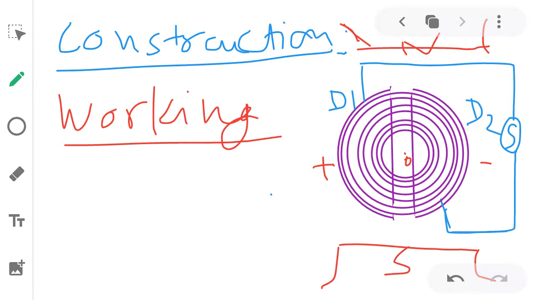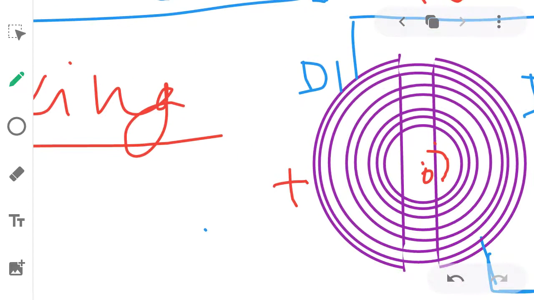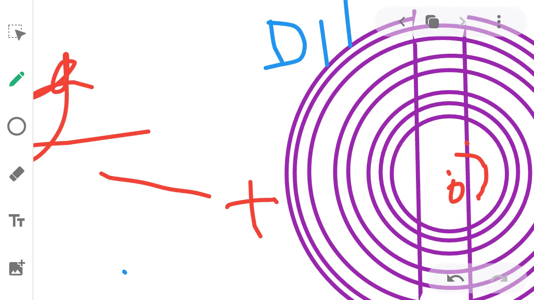So the charged particle starts from the center and enters the D. Let me draw it like this, there are so many paths, remember, let me make it more clear.